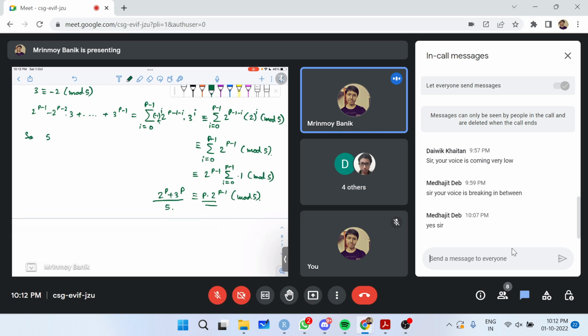So 5 doesn't divide (2^p + 3^p)/5 if p is not equal to 5.